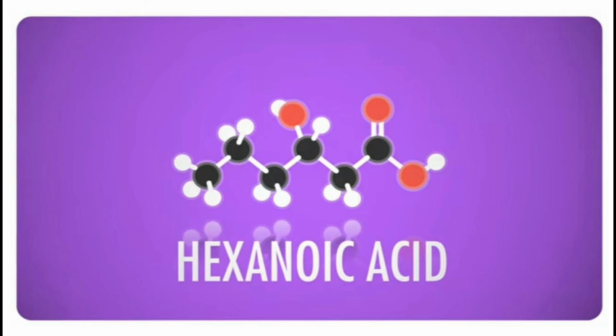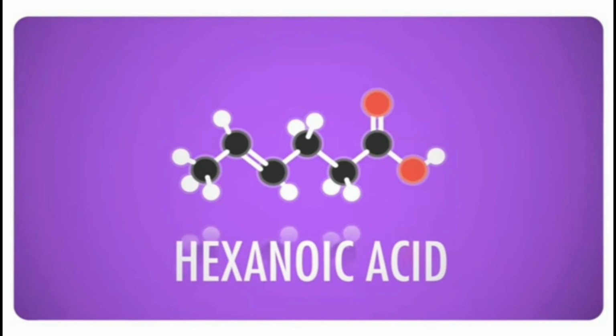But due to the precedence, we say hexanoic acid only. In the third compound, there is a double bond and there is a carboxylic acid too. We still call it hexanoic acid. The precedence is decided by a list that was created by IUPAC to minimize confusion.